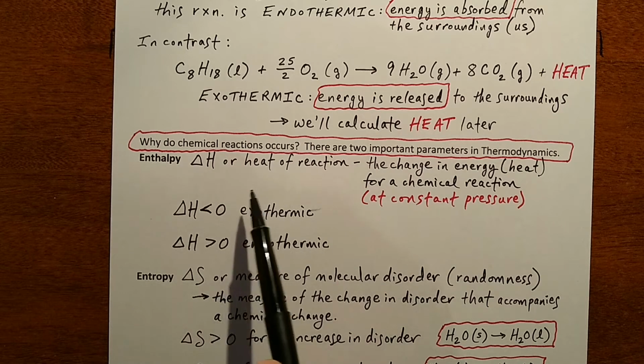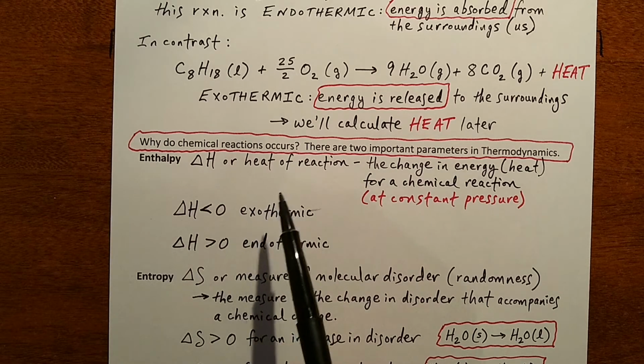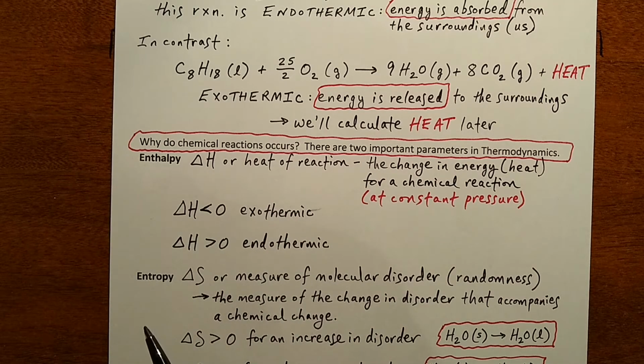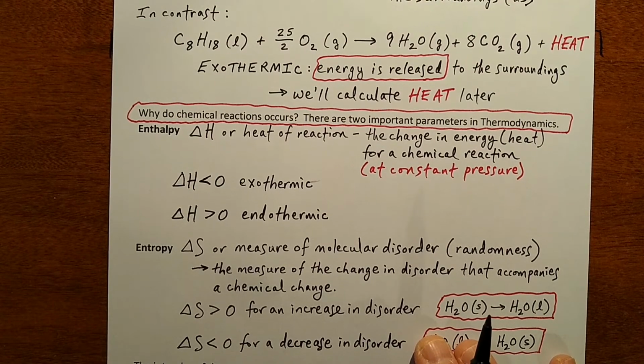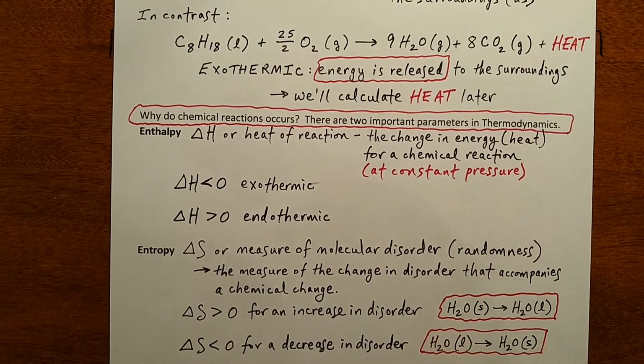So again, the term we use for enthalpy is sometimes called heat of a reaction. And again, it's just the amount of energy that's either consumed or released in an endothermic or exothermic reaction. One thing I didn't mention is that for it to be truly known as enthalpy, these reactions have to occur at constant pressure.